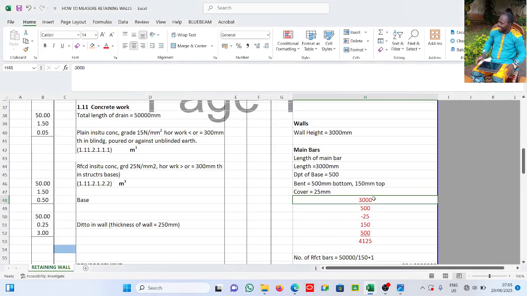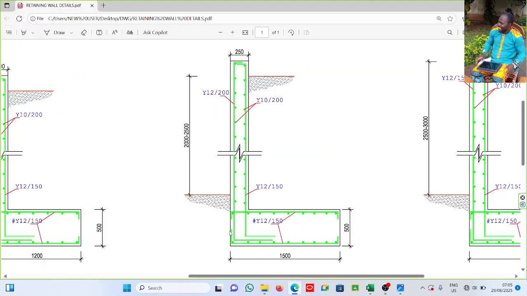So this is the length. We add the base. See the reinforcement here, right? It's almost here. So you just sit at the base, then I remove the distribution bar. I remove the main bars and distribution bars.